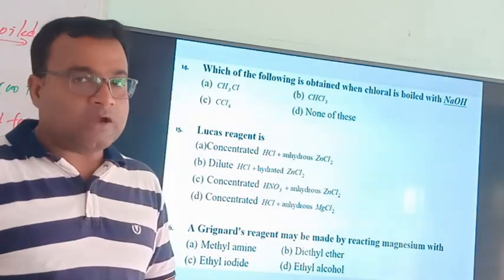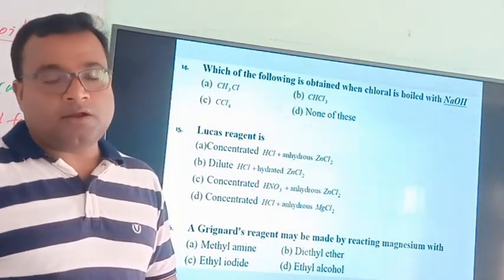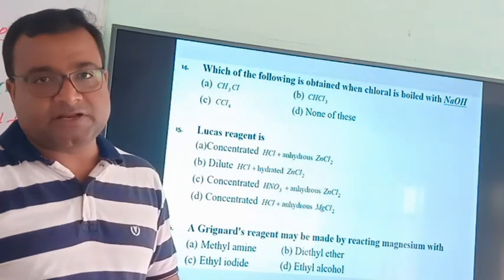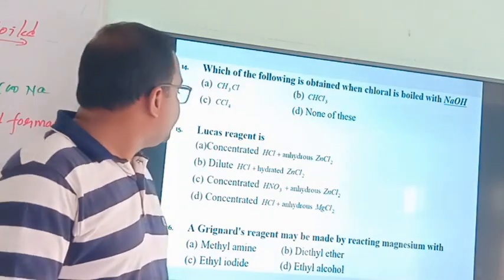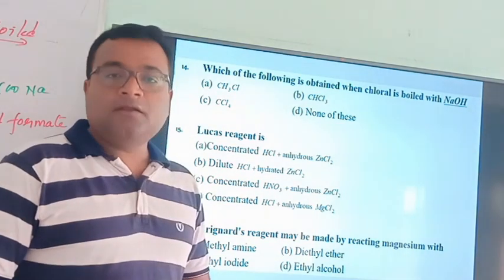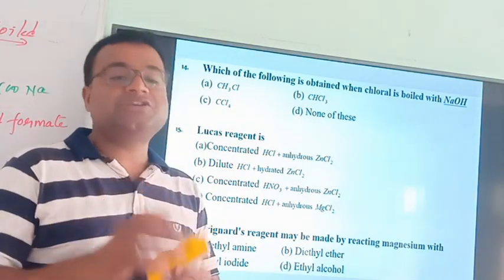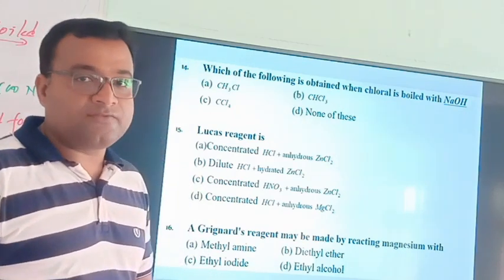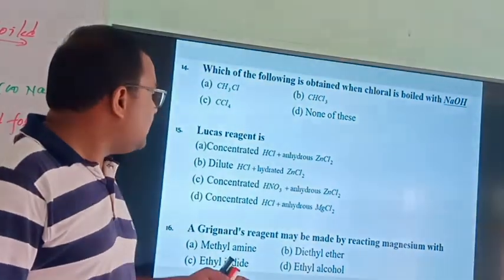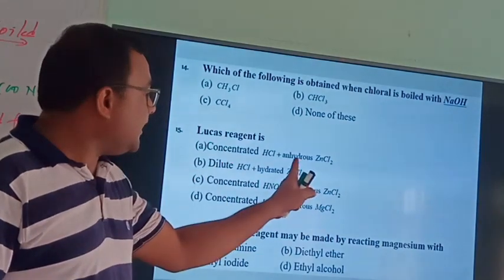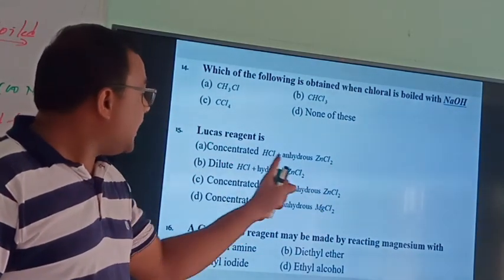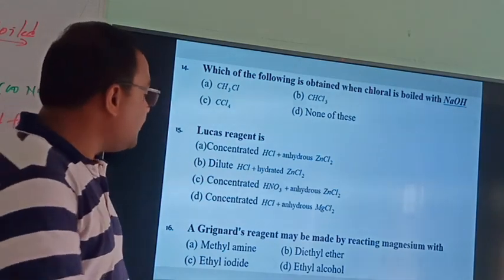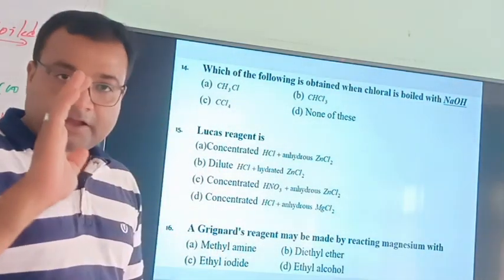To know what type of alcohol it is, we go for the Lucas reagent, and the Lucas reagent is a mixture of anhydrous zinc chloride and concentrated HCl. Option A is the correct option.